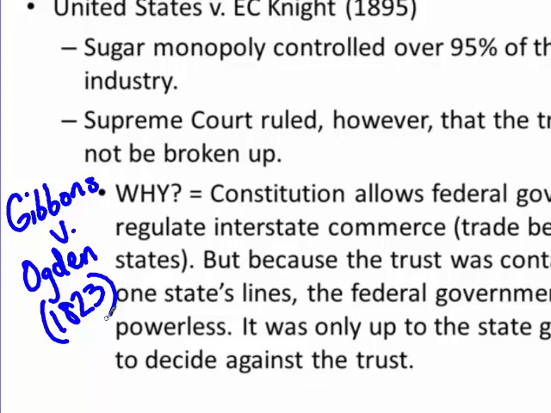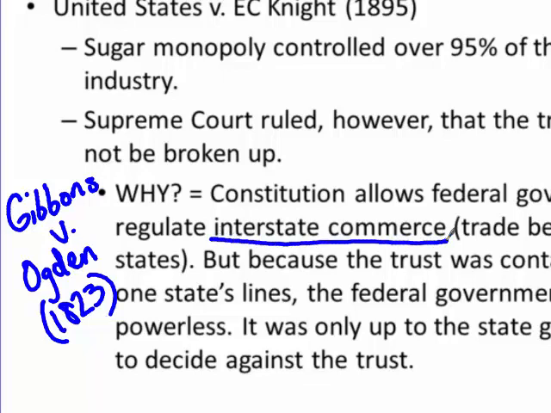However, the Supreme Court said, Ogden, you are not entitled to that agreement. We are now busting up that agreement, and Gibbs can now also trade on the Hudson River because the Hudson River services both the state of New York and the state of New Jersey. That makes it interstate commerce, which can be regulated by the federal government.